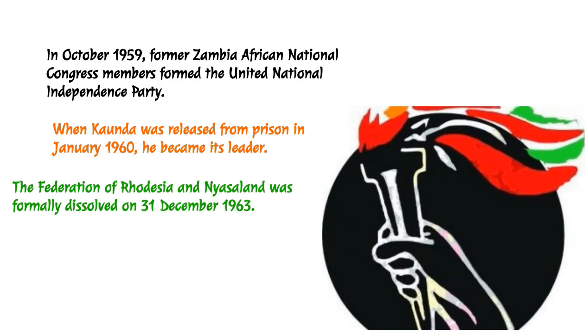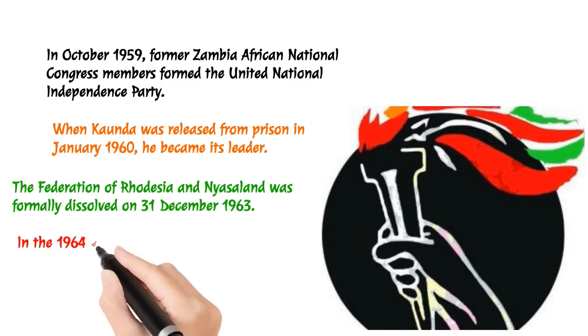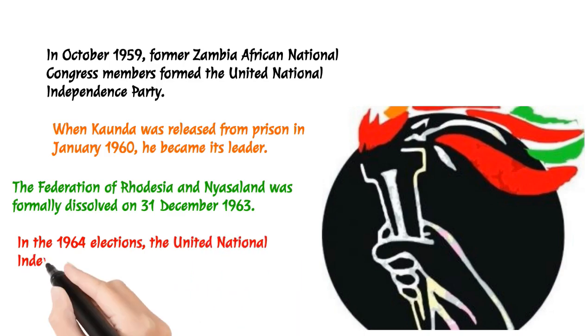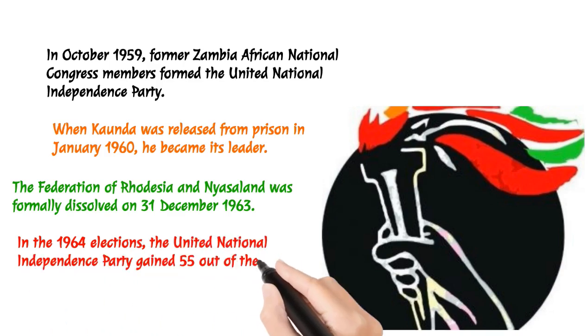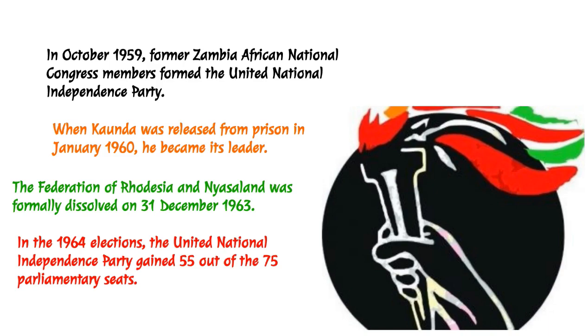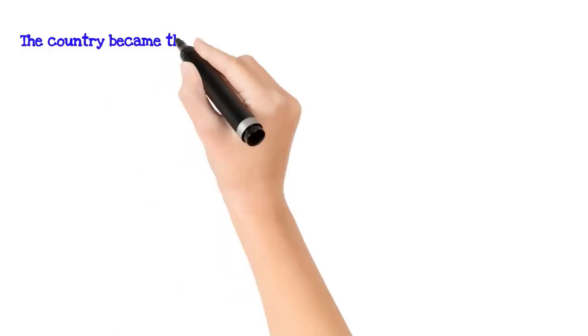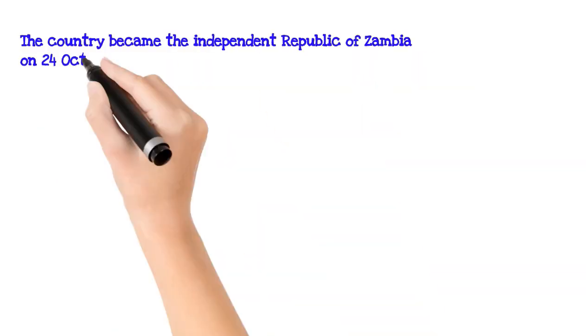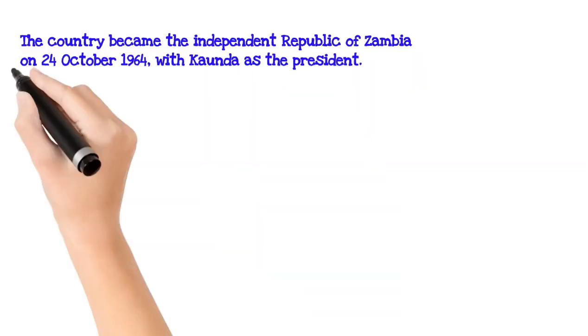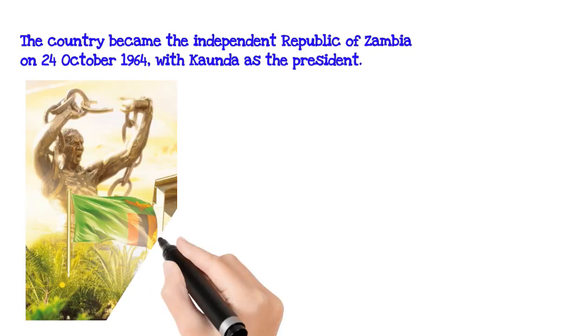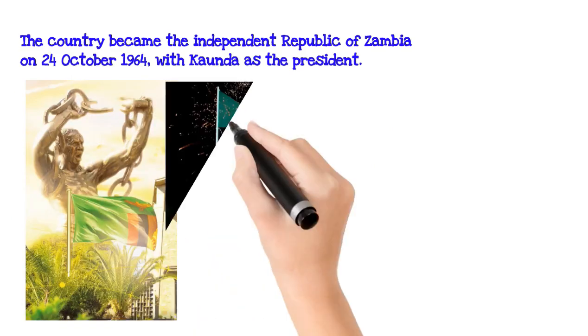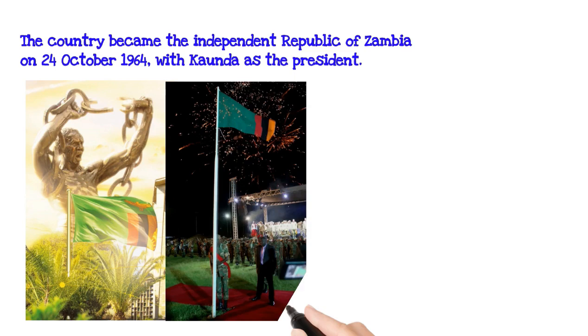In the 1964 elections, the United National Independence Party, UNIP, gained 55 out of 75 parliamentary seats. The country became the Independent Republic of Zambia on 24th October 1964, with Kenneth Kaunda as its president.